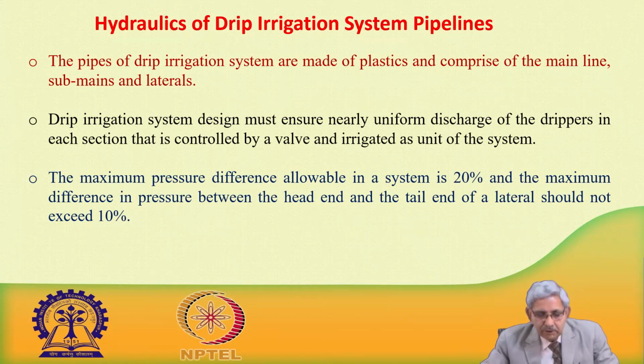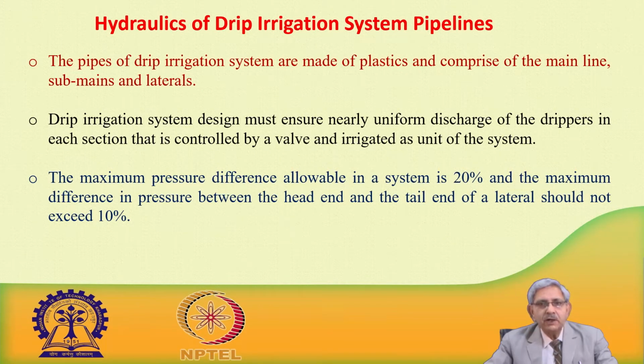The drip irrigation system design must ensure the water discharging out of the dripper is uniform. This is very important, and this is only possible when we make a perfectly accurate design.